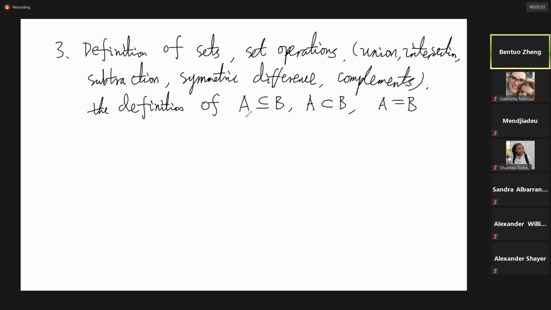So you have to know all those definitions. So how to define, for example, a set A is a subset of B. The second one is A is a proper subset of B. A is a proper subset of B if A is a subset of B and A is not equal to B. All right.